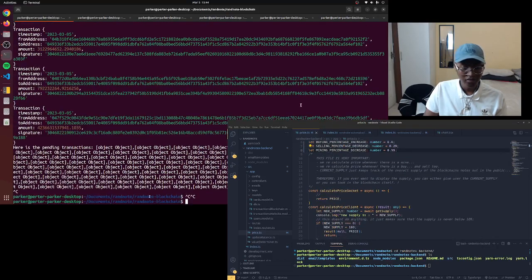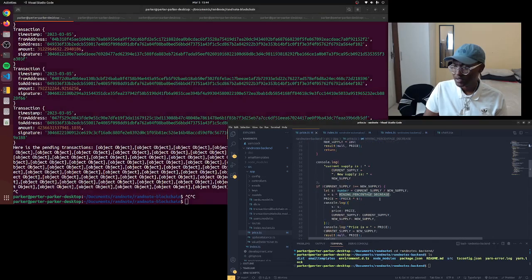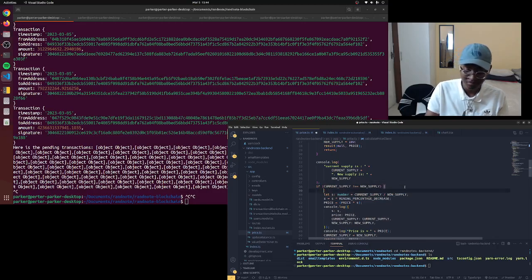I think I need to find a different way of calculating this thing. Mining percentage decrease, just the supply. I guess the supply change is important, but let me leave the supply out.